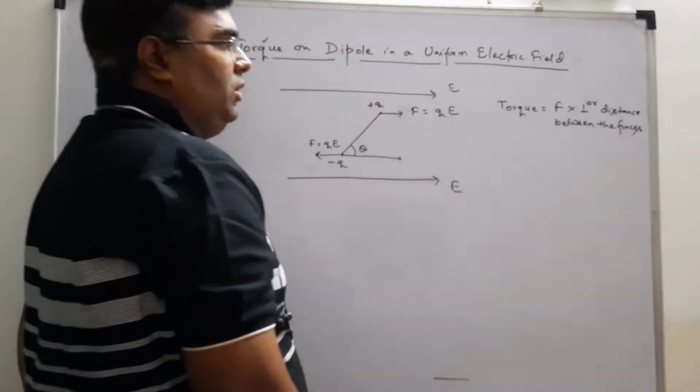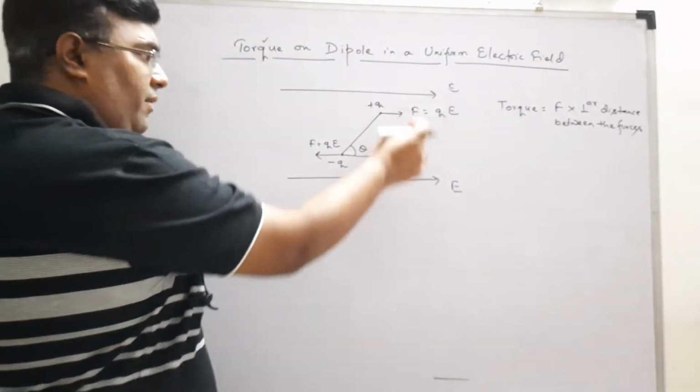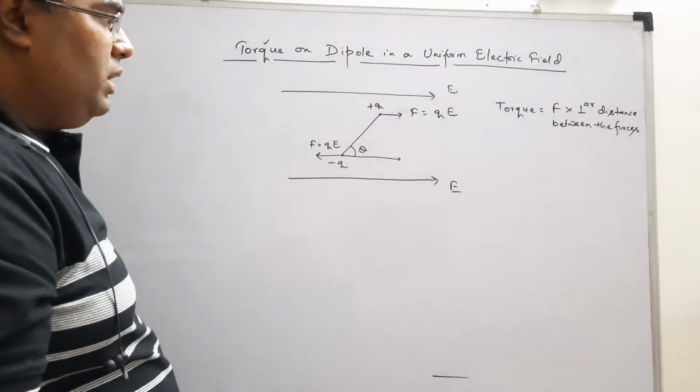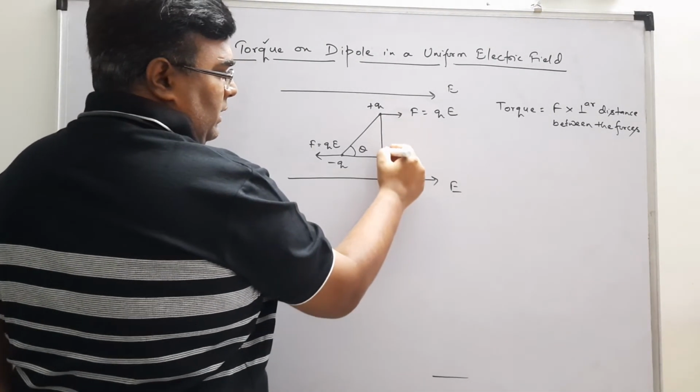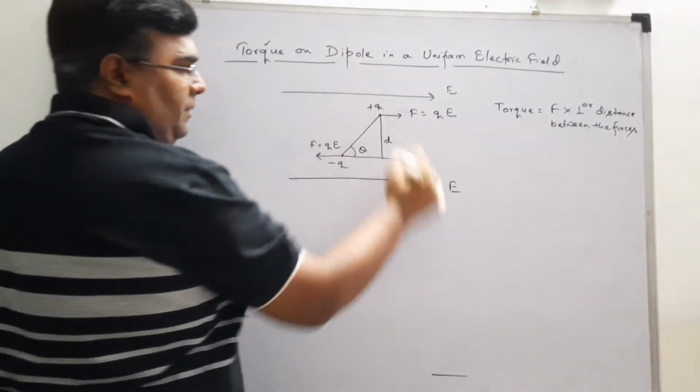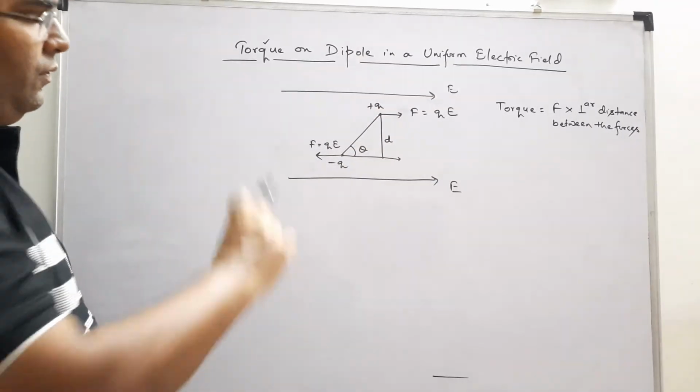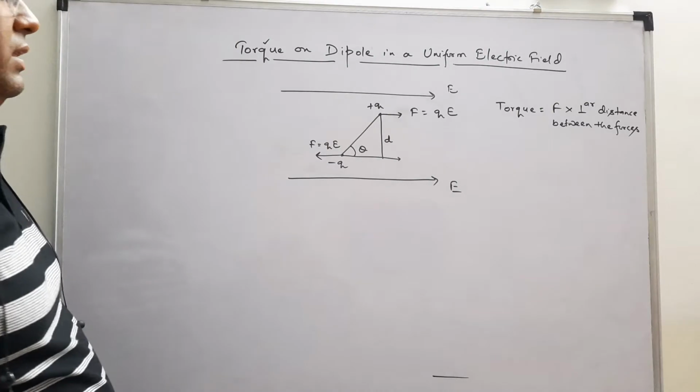So any one force, that is F, and the perpendicular distance between these two forces is this. Let us say this is D. Okay, we need to find this perpendicular distance.